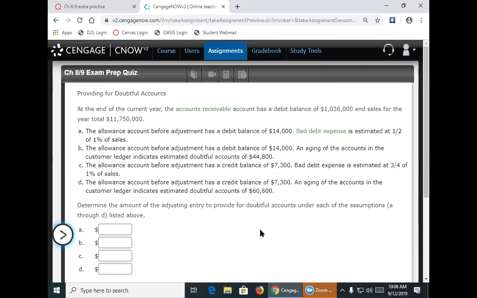A, the allowance account before adjustment has a $14,000 debit balance, and then it's telling you what the bad debt expense is estimated at.